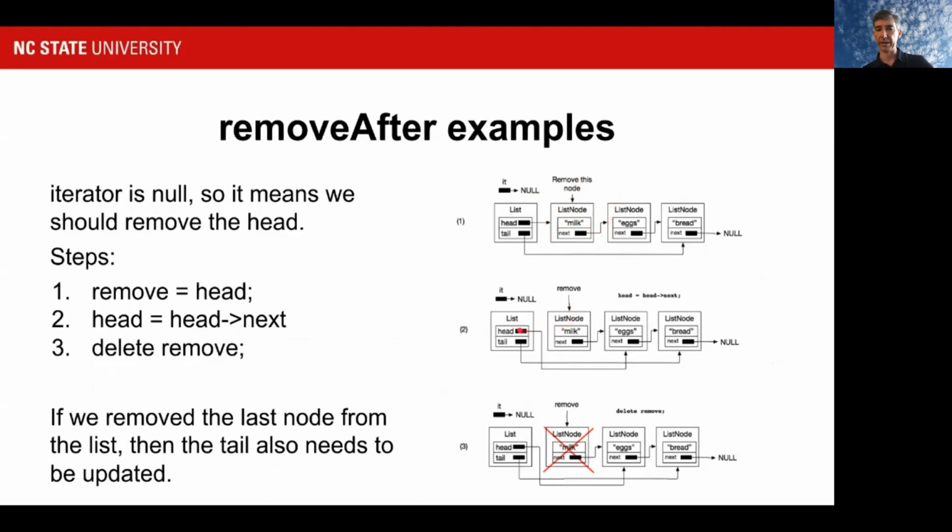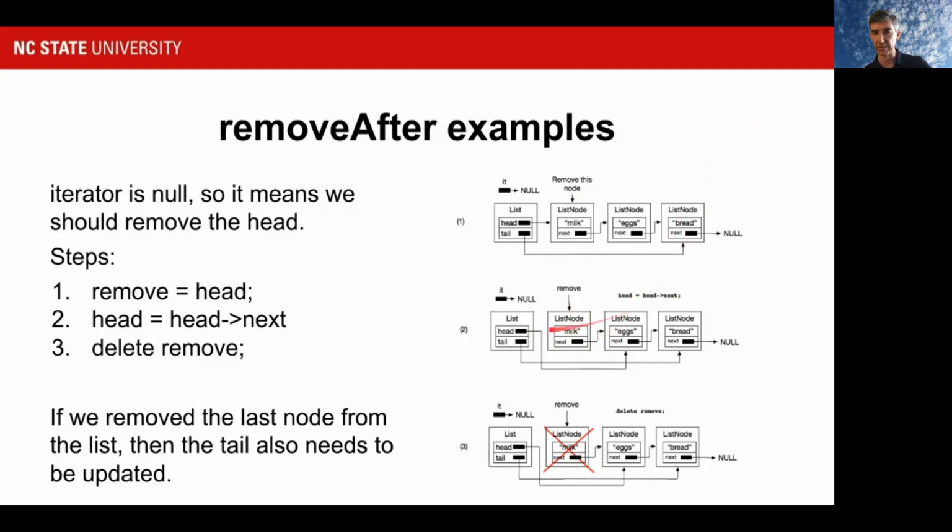Okay, so how do I get head to point directly past milk? Well, I can say head equals head next. And that's going to update head to point to whatever the next field is of the node it's currently pointing to. It's basically my standard traversal code, right?